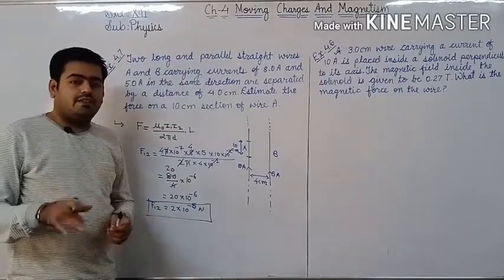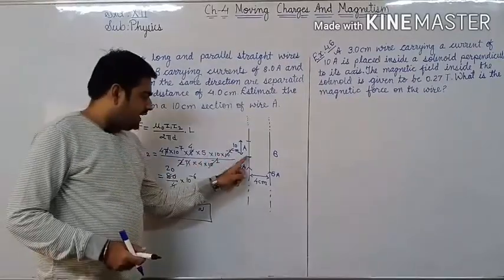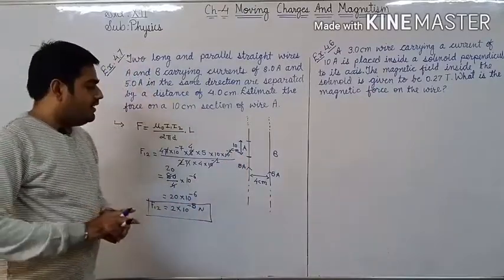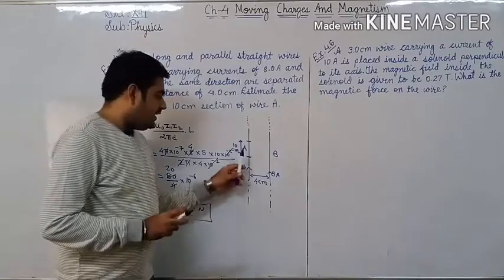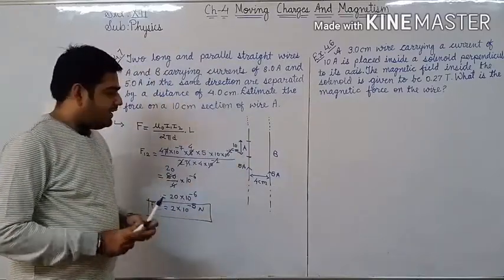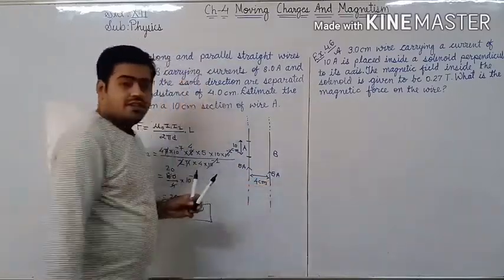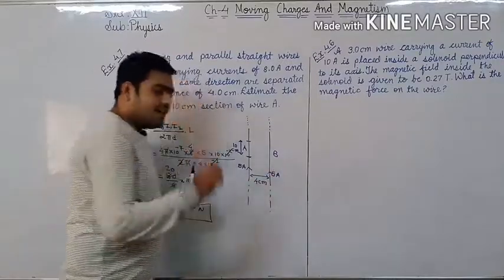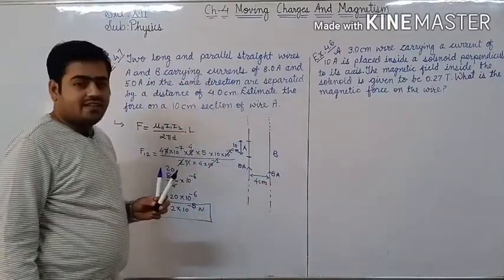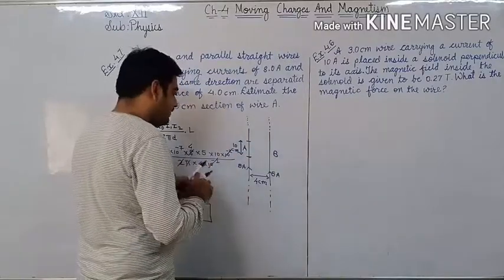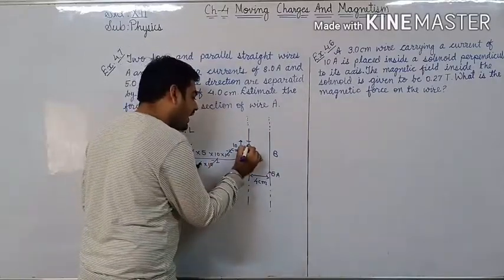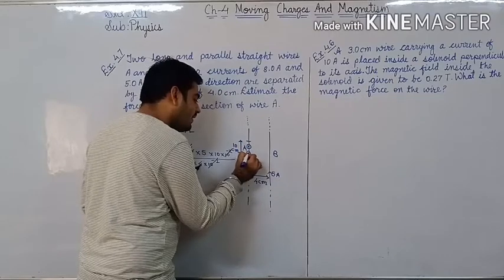Now what will be the direction of force? The force acting on the first wire due to the second wire will be in which direction? Current is flowing in the upper direction and the magnetic field due to this 5 ampere current is in which direction? Outside the plane of the figure. So here we will get the magnetic field outside the plane of the figure like this.